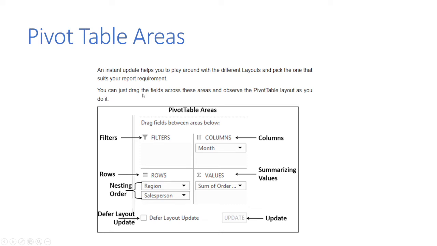You can just drag the fields across these areas and observe the pivot table layout as you do it. So again, these are the areas. You can drag the fields to rows or columns and vice versa. And this one is used to defer layout update.